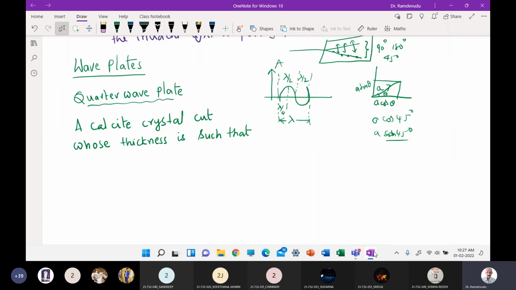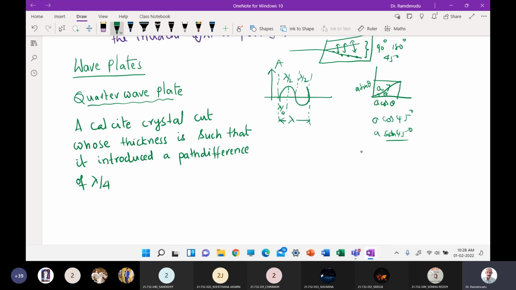The next important point is the quarter wave plate. What is the quarter wave plate? I will take the thickness of the calcite crystal with the principal section, whose thickness is such that it introduces a path difference of lambda by 4.